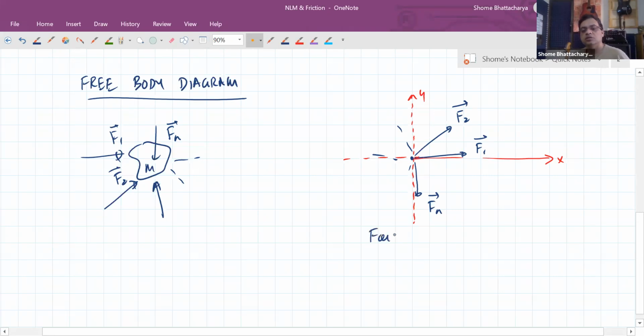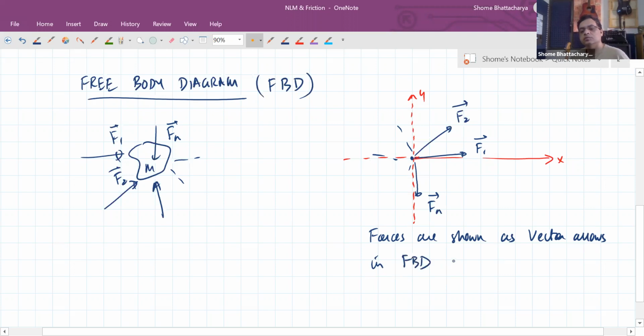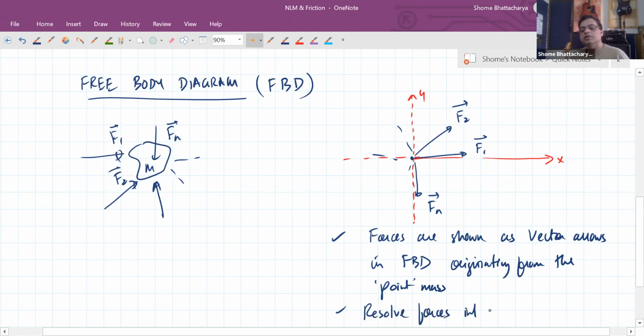So forces are shown as vector arrows in the free body diagram, originating from the point mass. Then next, resolve the forces into components.